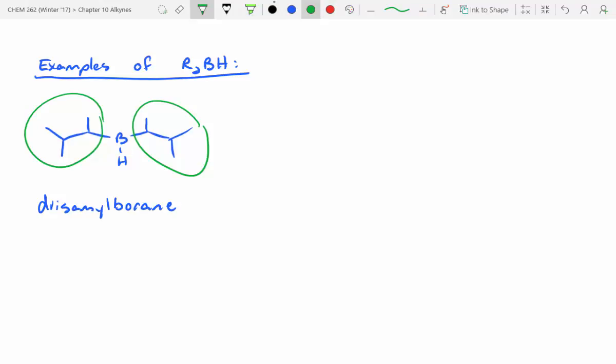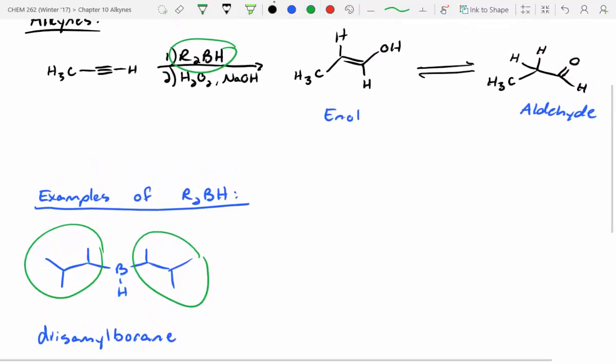In this case, why do you think we're bulking it up so much? What do you think BH3 could do with our enol? It could actually react again, right? We've got pi bond character in our enol. When we add on these giant groups, it can only attack the alkyne.